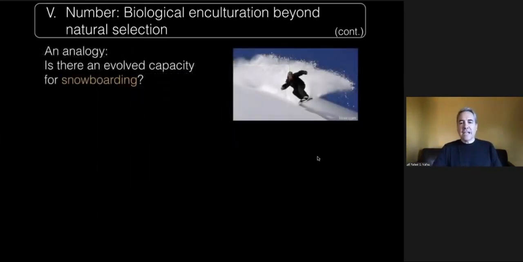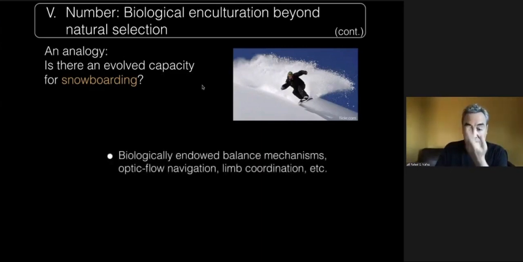So if I want to give an analogy here for the biological enculturation hypothesis, we can use, for example, the notion of: is there an evolved capacity for snowboarding? Let's replace number with that for a minute. Well, certainly there are biologically endowed balance mechanisms, optic flow navigation, limb coordination, and so on in order to enact this particular behavior.